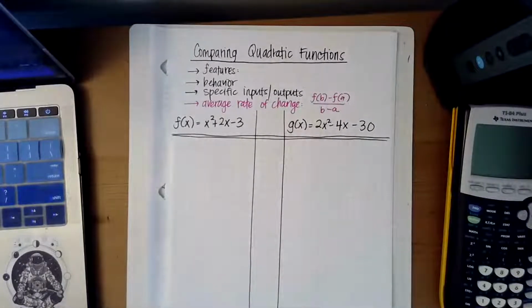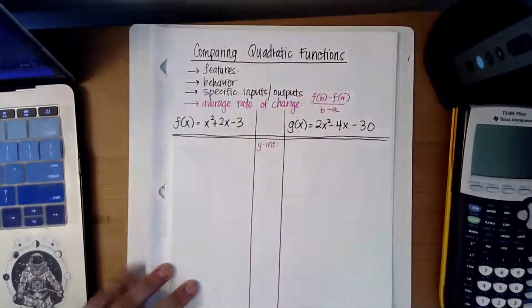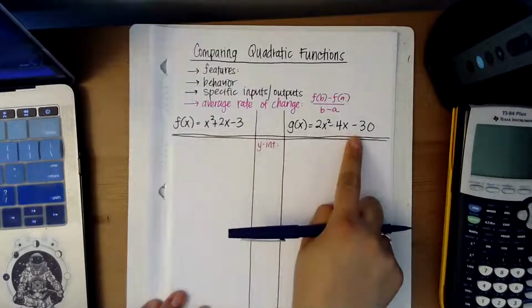I'm going to look at a couple things. First, I want to know the y-intercept. Which has a greater y-intercept? Remember that the y-intercept is f of 0 for both of these. We recognize that they're in standard form.